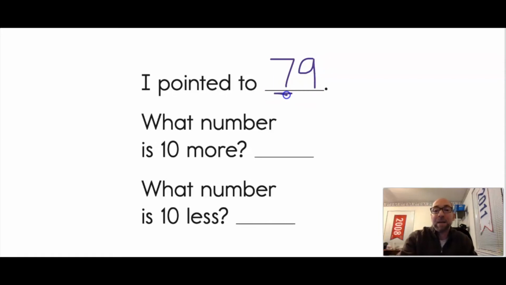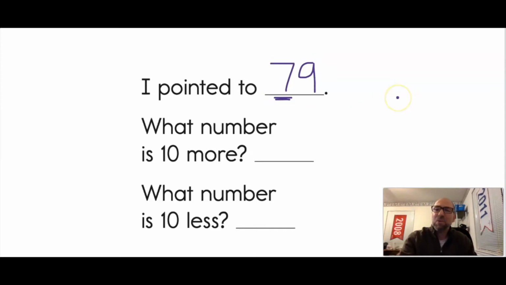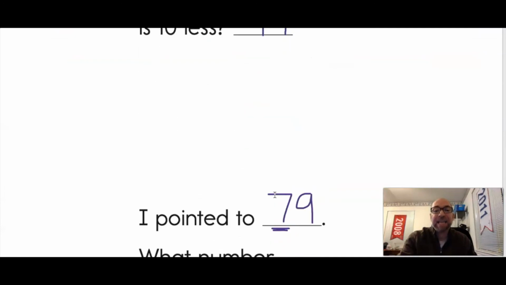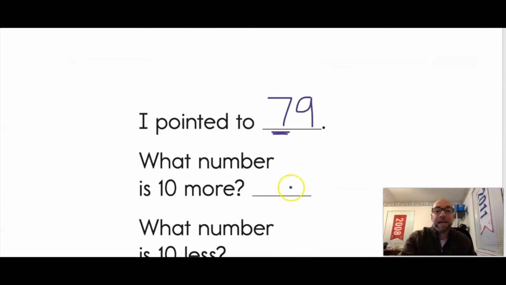Well, notice that I'm in the 70s. What comes after the 70s? After the 70s comes the 80s. So 10 more would be the number 89. So I'm going to write 89.